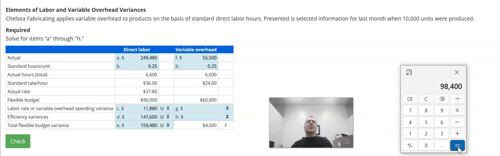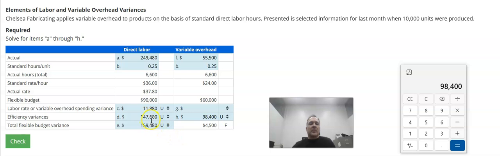And I think I'm going to shift gears here a little bit. This 98.4 is absolutely an unfavorable variance. Now, it's not quite as much, but look where I'm putting it. I'm putting it here in requirement H. The reason that I'm doing that is because of how they have this set up for us.